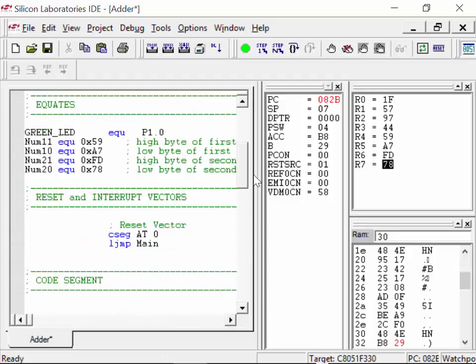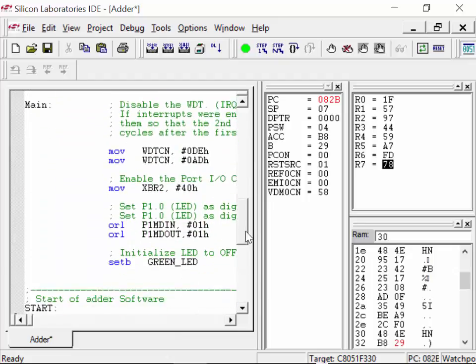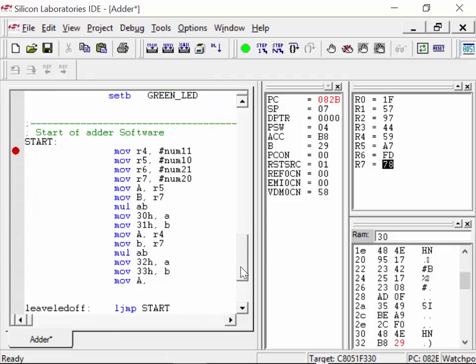FD is into num21. So that's R6 right there. Move to B, and at that point we're going to be moving to R5. Go ahead and multiply AB right there.